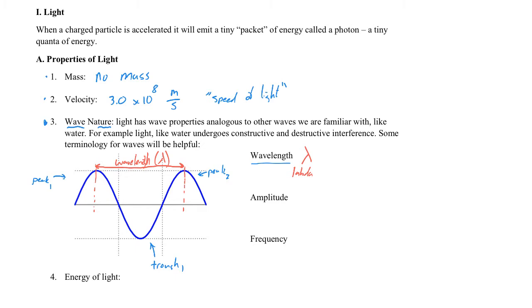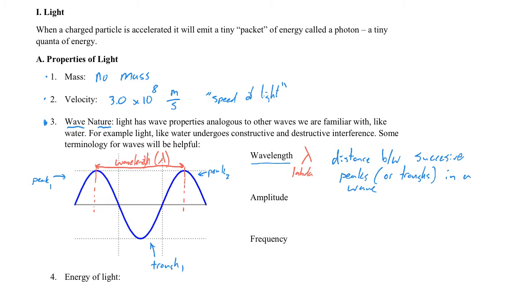Okay, and we're going to define it right here. I'm going to just write down some notes about it. So the wavelength lambda is the distance between successive, meaning after one after another, peaks, or troughs in a wave. Okay, so that's the wavelength.